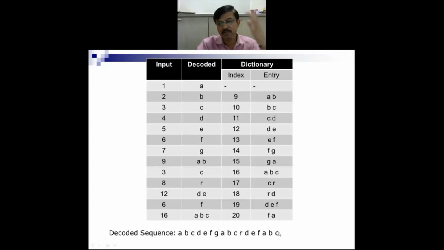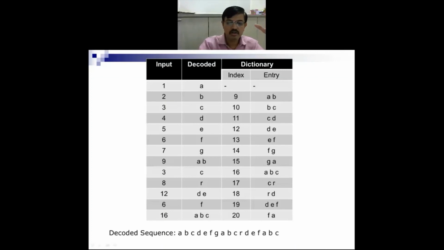So in all types of this decoding technique, the dictionary which you have created at the encoder, the same dictionary you require at the decoder in the memory of the decoder. One by one, whatever input you receive at the decoder end, you will compare with the dictionary, and you will go on reproducing the dictionary entries as per the indices that you have received, and you could reconstruct the decoded sequence.